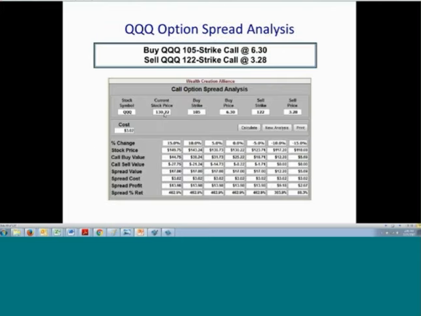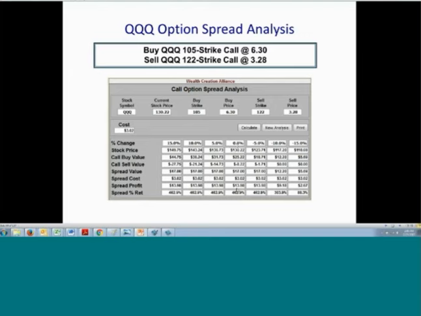Again, QQQ is trading at 130.22. We bought the 105 strike call at 6:30, sold the 122 strike call at 3:28. So let's look at the profit potential on this. This bottom row here displays the percent return potential, and the second from the bottom displays the dollar profit. So let's say that at option expiration, QQQ is unchanged at 130.22.